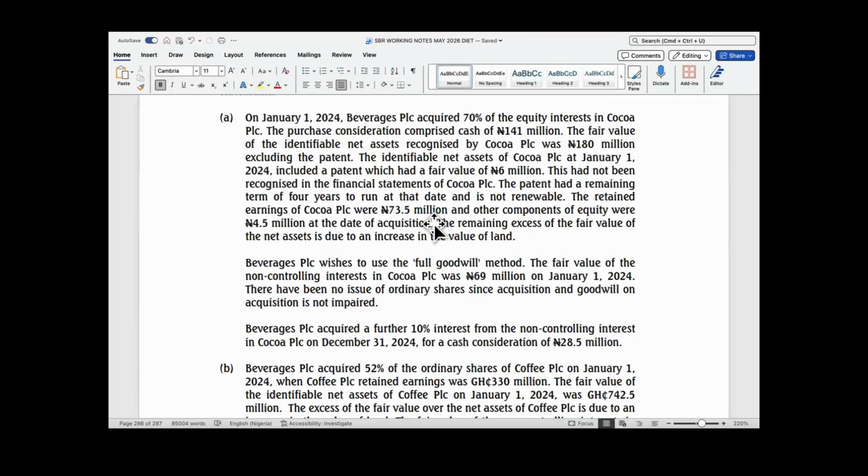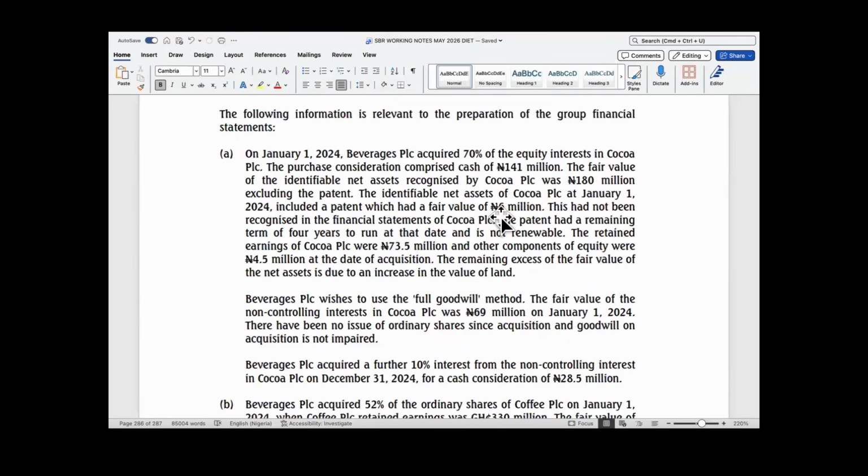So I know exactly what I need to do here, because all this information, basically, I only need it for the calculation of goodwill or gain on bargain purchase, depending. Because they have given me my holding, the date of acquisition, 1st of July 2024, how much I paid, what the net asset is, the patent, the remaining balance, what it represents, and all that.